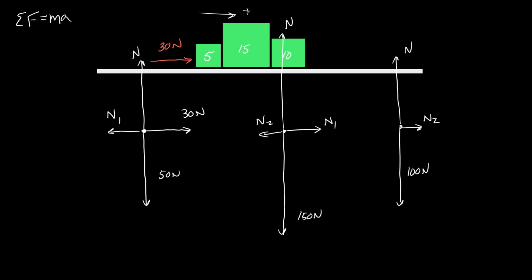Let's go with the first box. The 5 kilogram box is going to be 30 minus N1 equals 5A. The next box is going to be N1 minus N2 equals 15A. And the last box is going to be just N2 equals 10A.